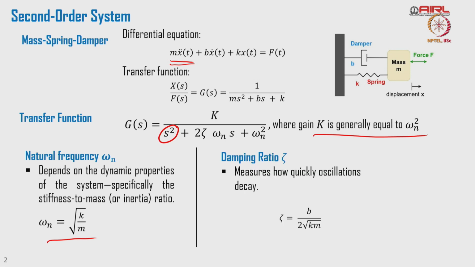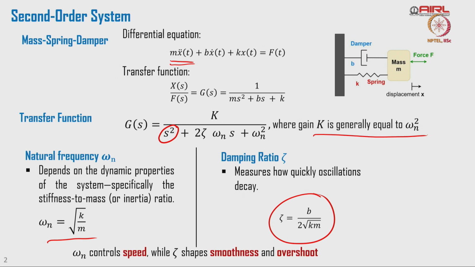Now, there was another important thing called the damping ratio. It measures how quickly the oscillations decay. If the system is not getting stabilized in a specified time, then these oscillations remaining in the system can be challenging to handle. So, the damping ratio is a term which should be tuned properly for a system, right. This is the expression for the damping ratio.